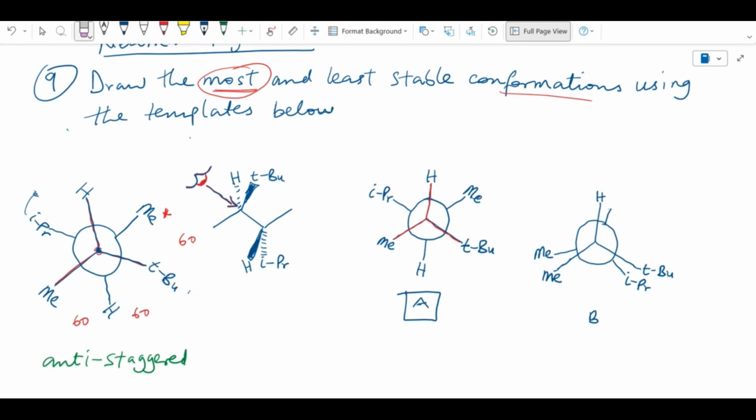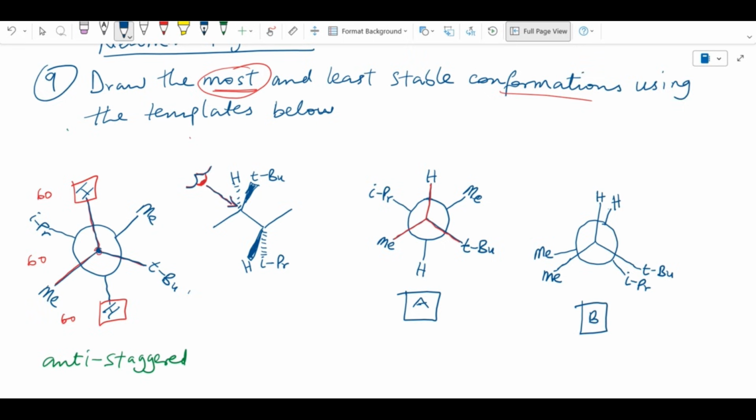Then the other substituent on the back carbon is this hydrogen. So if I rotate that hydrogen by another 180 degrees, so that's 60, 60, 60, then it's going to be right next to this hydrogen here. So that means that hydrogen on the back carbon is going to be there.